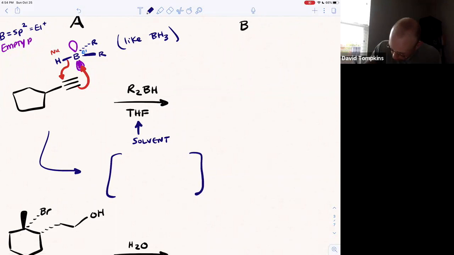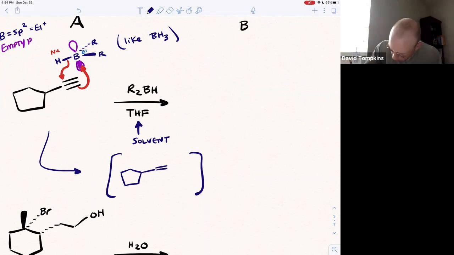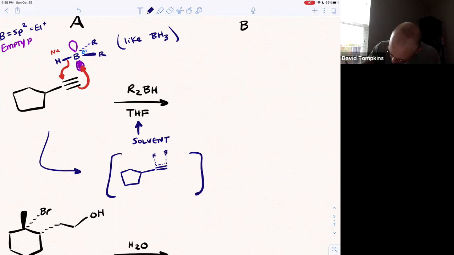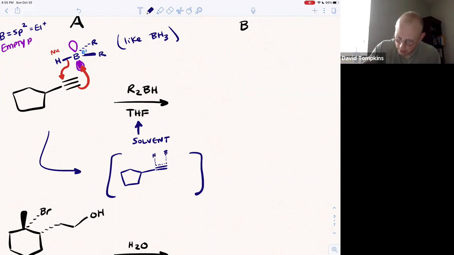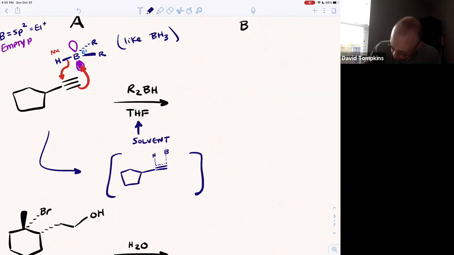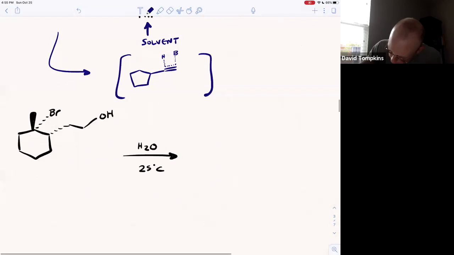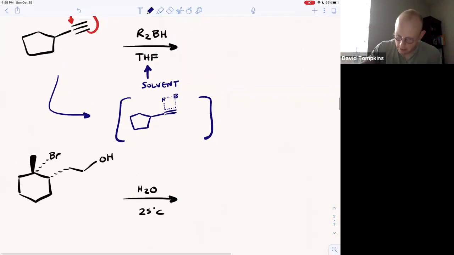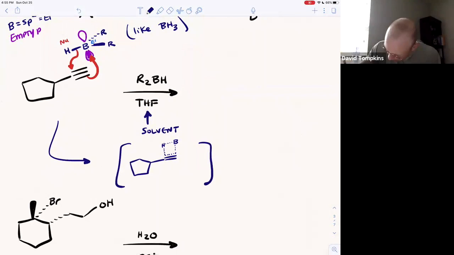But the transition state is going to have dotted lines where one pi bond here is breaking, and we're forming new bonds to hydrogen and to boron at the same time. And the boron hydrogen bond is breaking. And the two R groups remain here on boron. Okay, so this is the transition state.